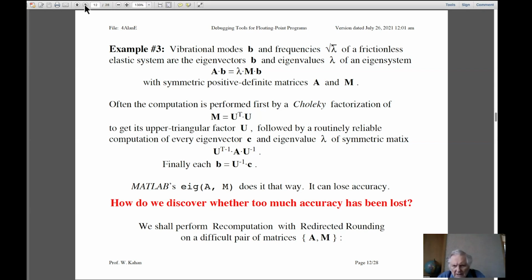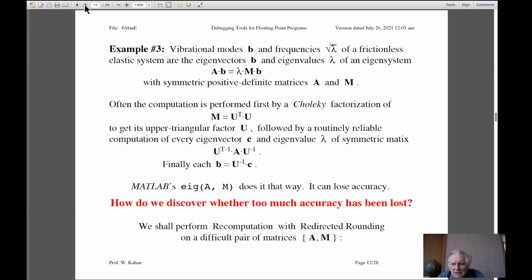And that's where we get the modes, the vibrational mode, the shape of the structure as it vibrates. That's vector B, and it's obtained from U inverse times an eigenvector C of the matrix U transpose inverse A U inverse. And MATLAB has a program that does that. And now the question is, how accurate is it?